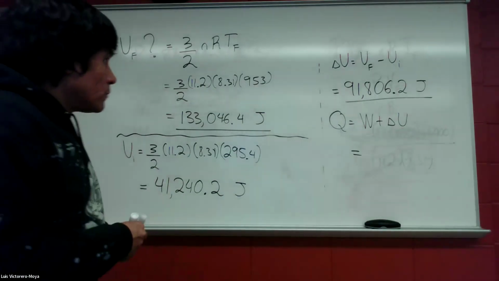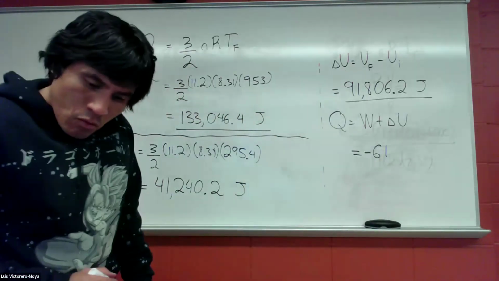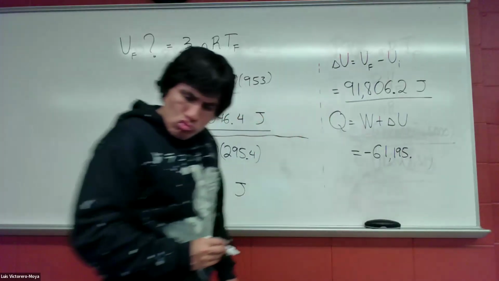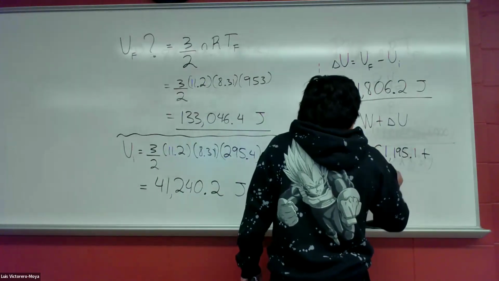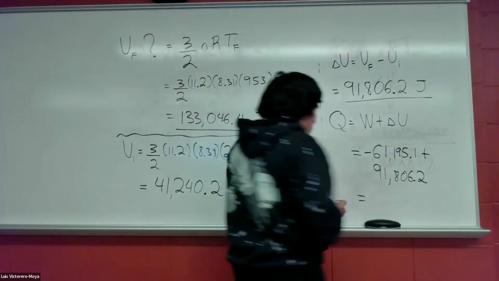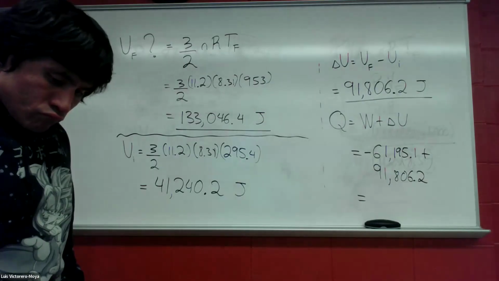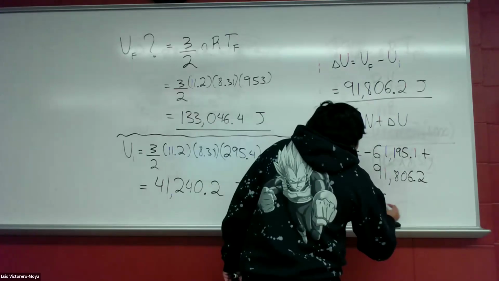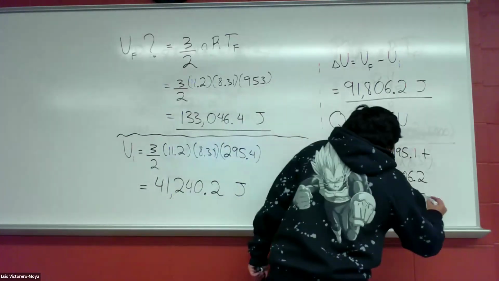negative 61,195.1 plus 91,806. It was negative because the work was not on the gas. 30,611 joules.